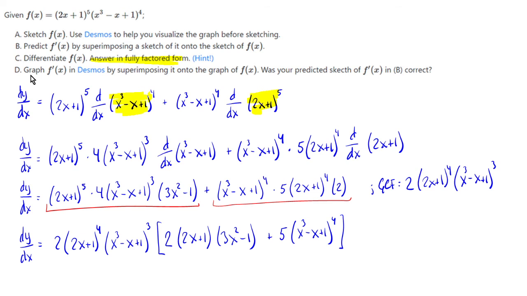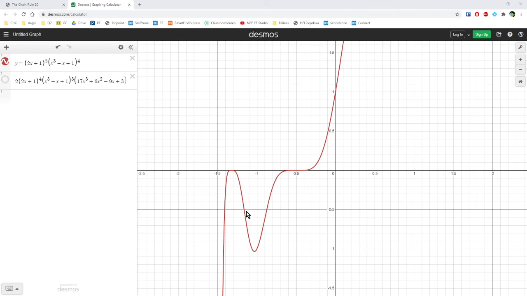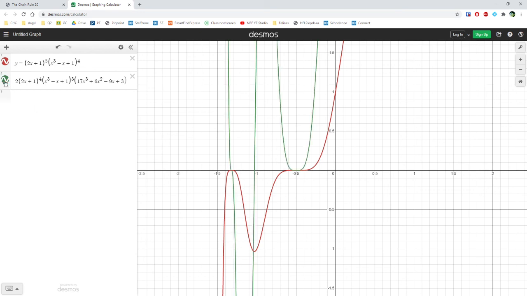In D, we want to graph our derivative and superimpose it in Desmos to see whether our prediction was correct. So we're looking at this prediction right here. So if we go back to Desmos, I've already entered the derivative. If I enable it, that's our derivative.